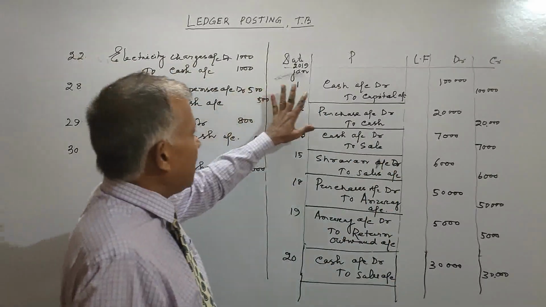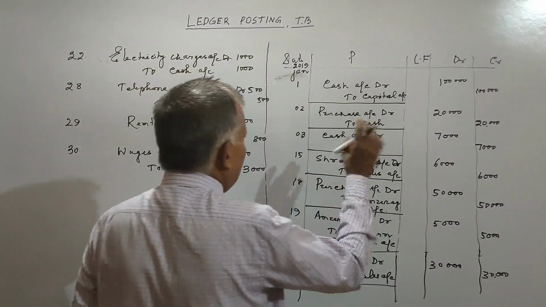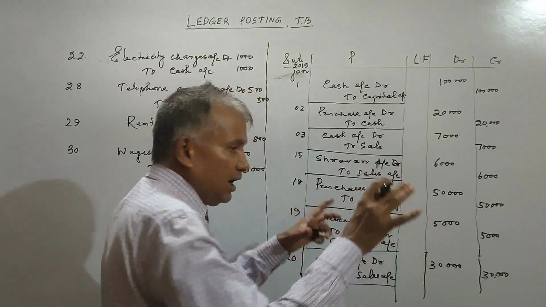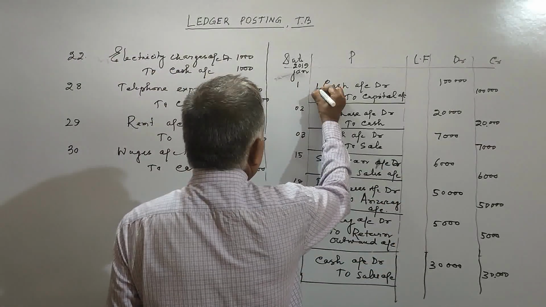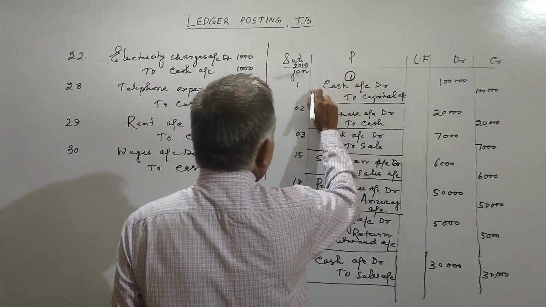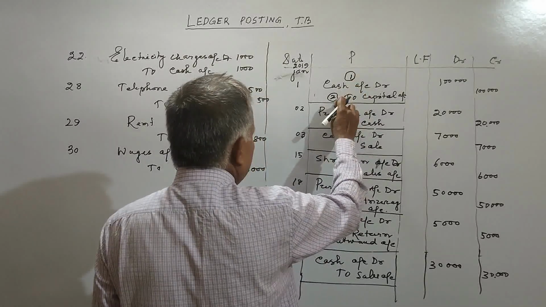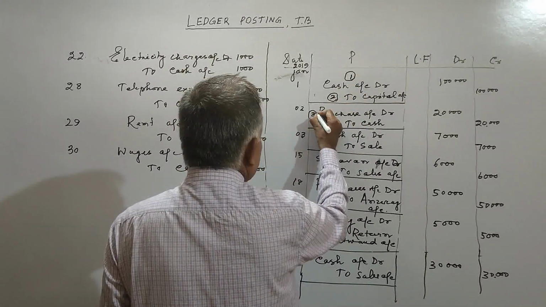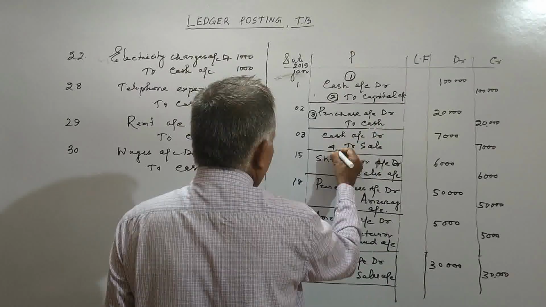So first of all, before preparing the ledger, we will see how many ledger accounts are to be opened. So this is your first ledger. This is 1. I am writing 2 is the capital. So cash 1, capital 2, purchase 3. Cash we have taken. Sale 4.